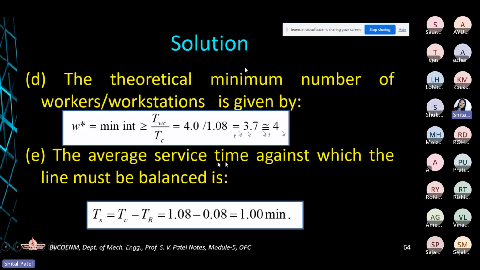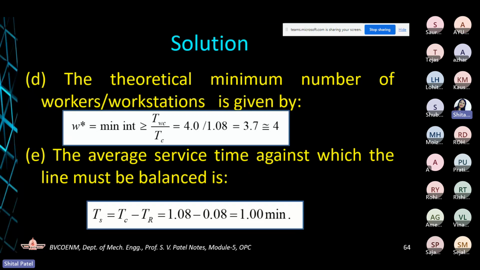Next one is the average service time against which the line must be balanced. Now, as I mentioned in my previous slides, the setting time is 0.08 minute, if you remember. If you have the PDF with you, you can go through the data given.